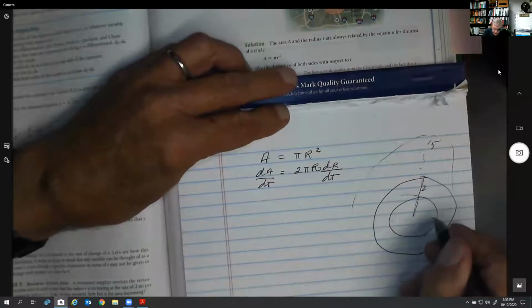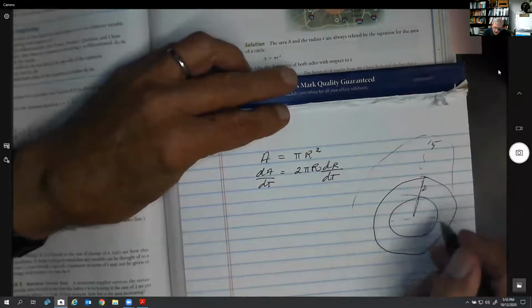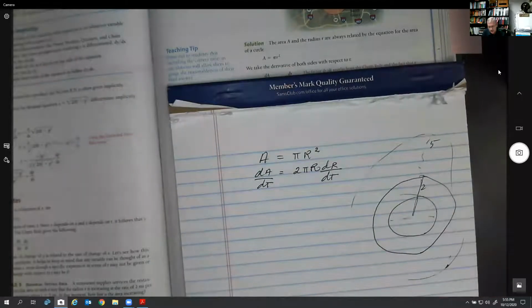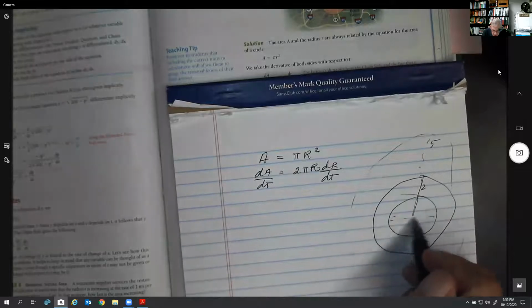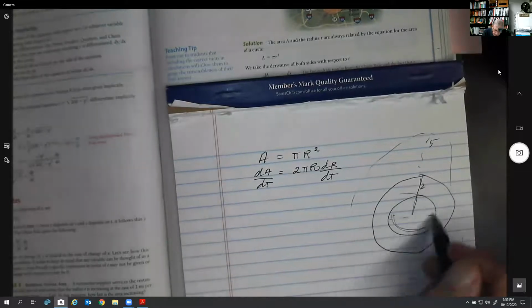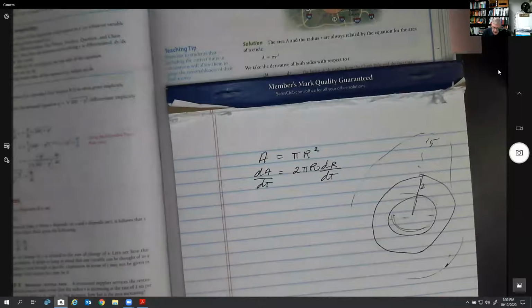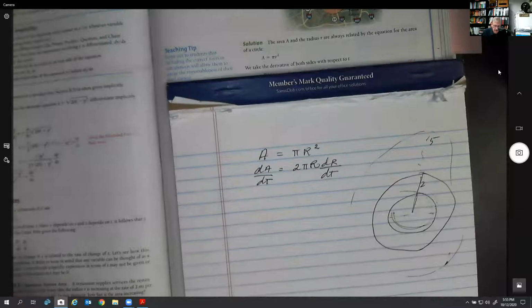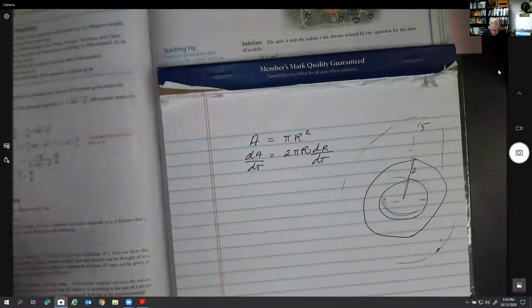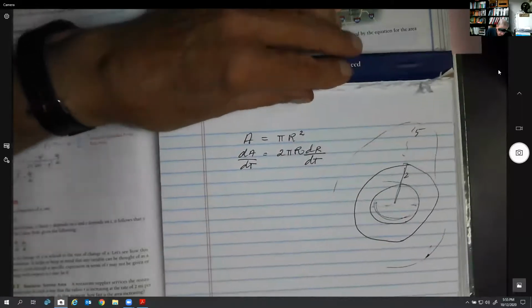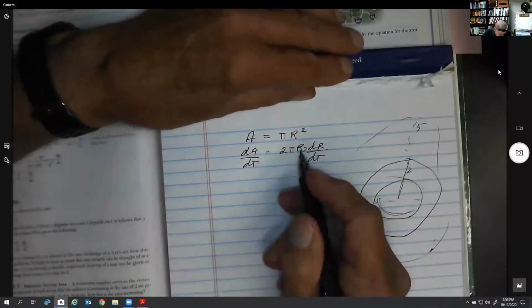See how the area is changing? But the area is changing at a different rate. It's getting bigger, but not twice as big. It may be changing at a very different rate. It's actually changing at 2 pi rate, so it's changing about 6 times as much. So what we want to find out is what's going to happen to this thing.